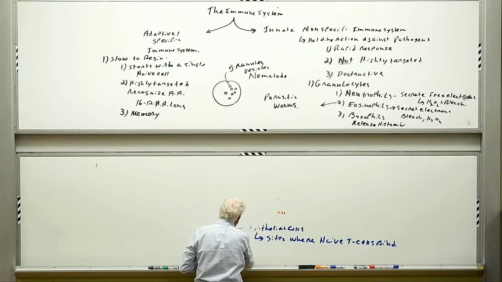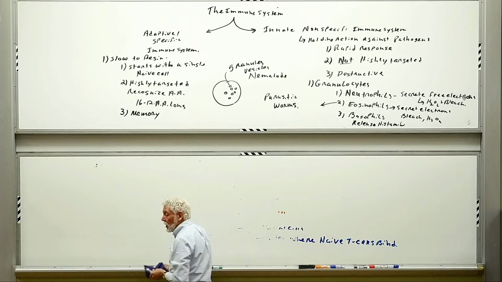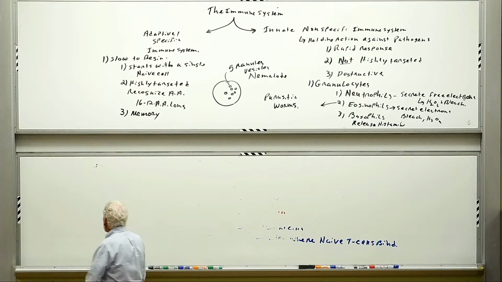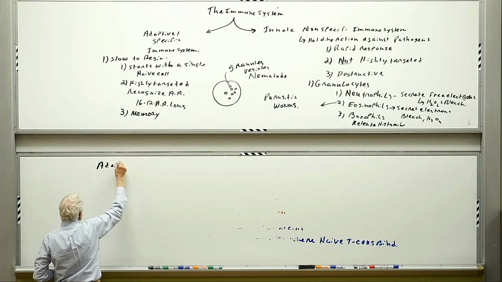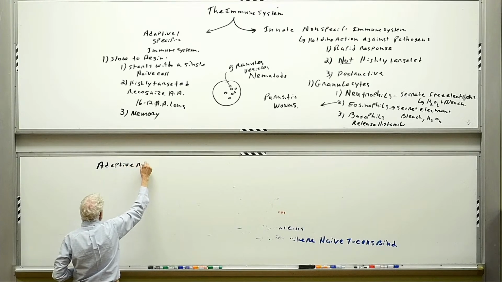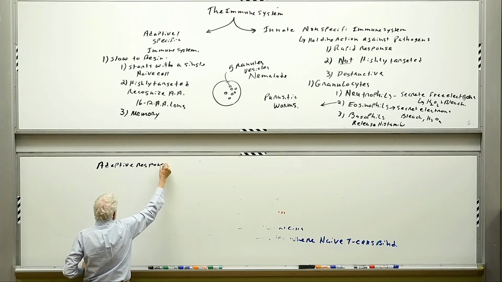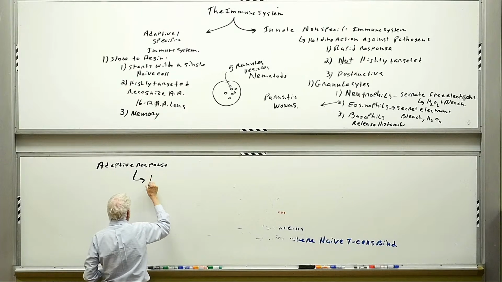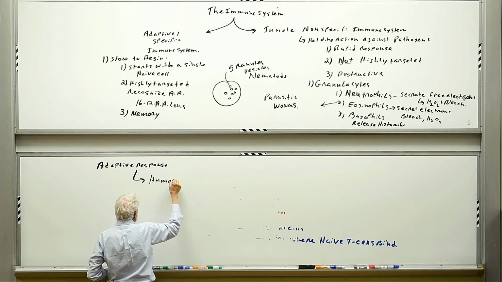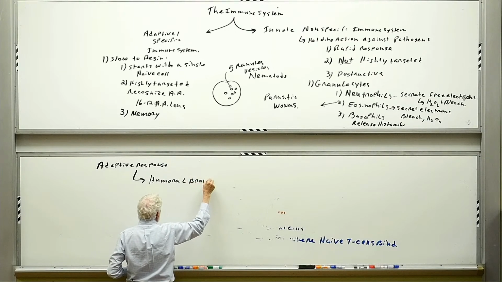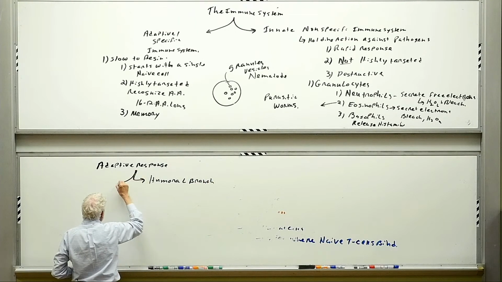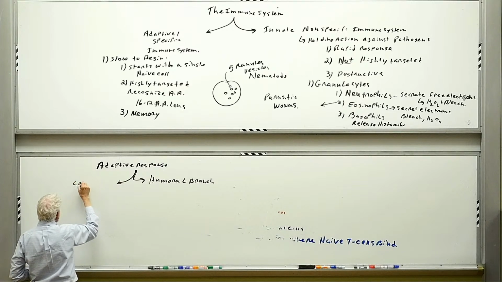And the adaptive immune response is going to further be divided into something known as the humoral branch, and something known as the cellular branch.